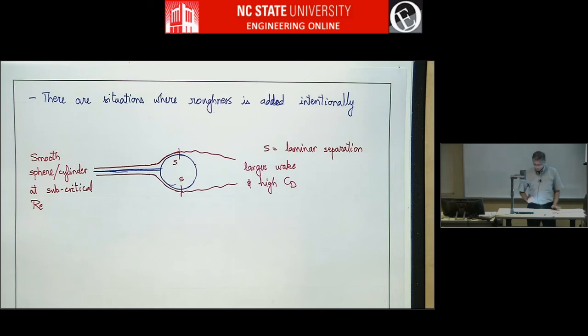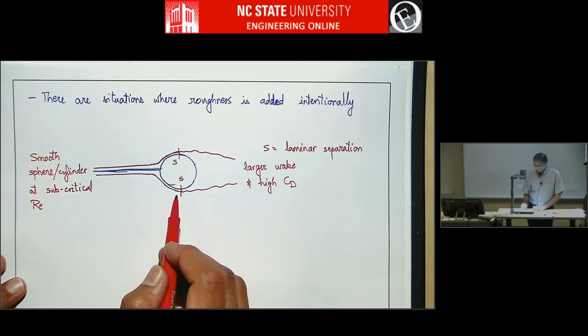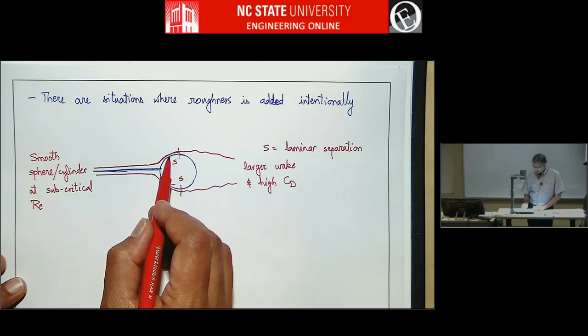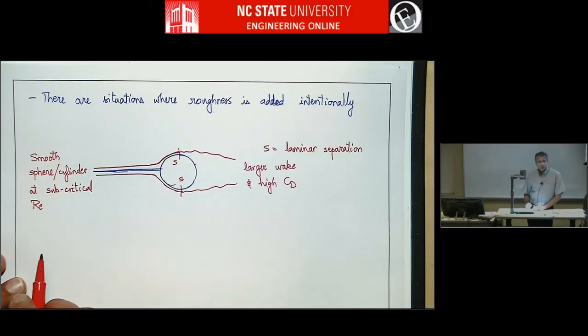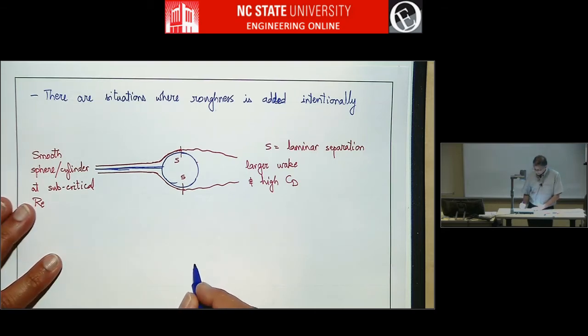In those circumstances, what you would like to do is have a turbulent boundary layer when the flow comes to the equator position. Because as we saw, a turbulent boundary layer has more mixing, so it will plow through into the adverse pressure gradient much more than a laminar boundary layer. And so in those circumstances, one can add roughness.